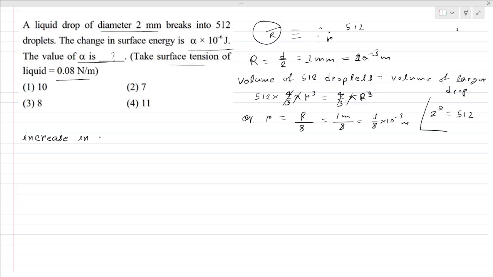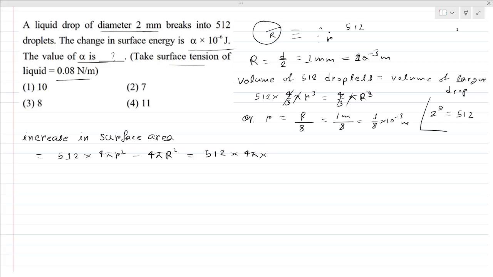Okay. So we want to calculate the increase in surface area. Increase in surface area equals 512 into 4 pi r square minus 4 pi R square, as we know the surface area of a sphere is 4 pi r square. So it equals 512 into 4 pi.